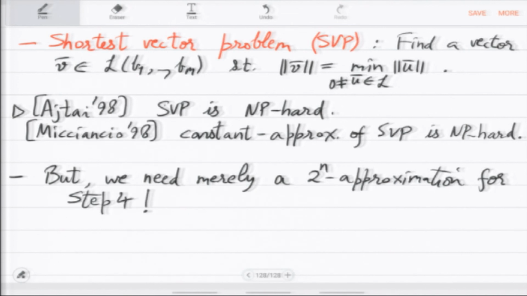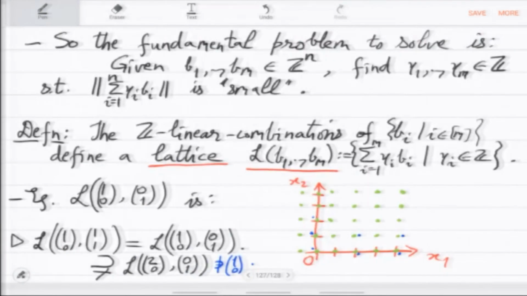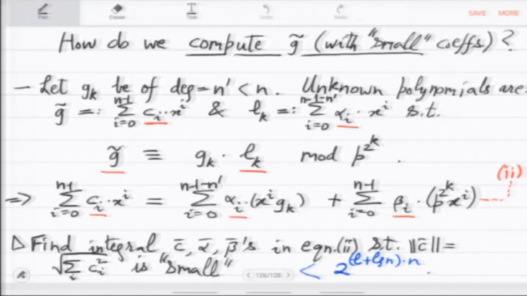Why is that? Well, you look at the ambient space. In our case, how many c bars are there? That is only n.